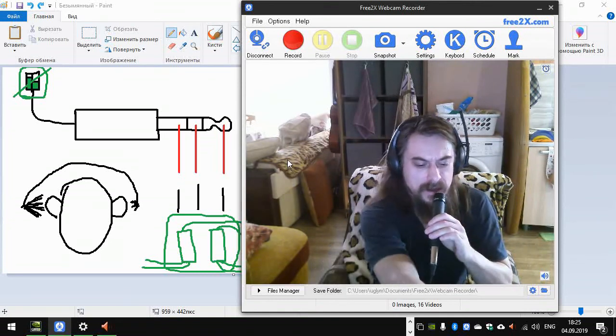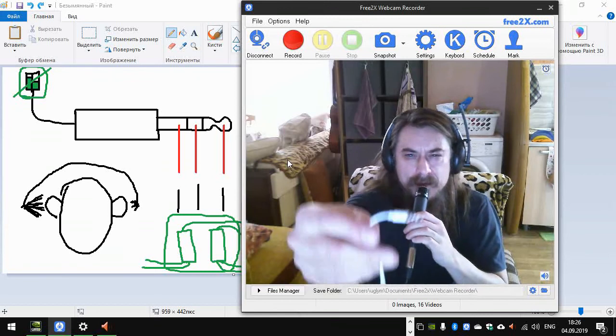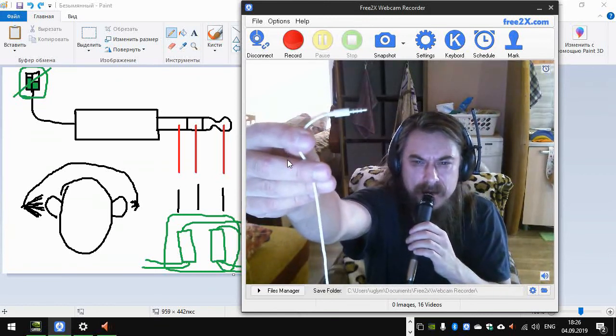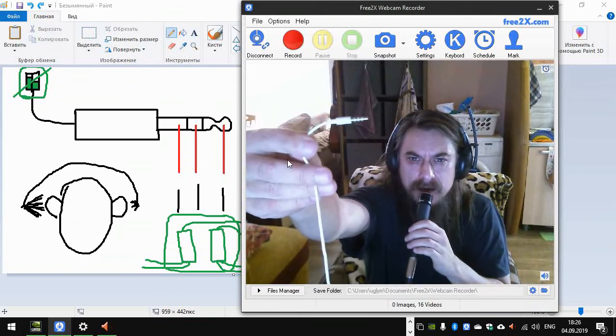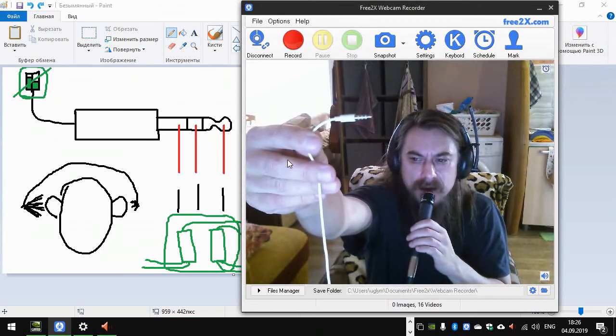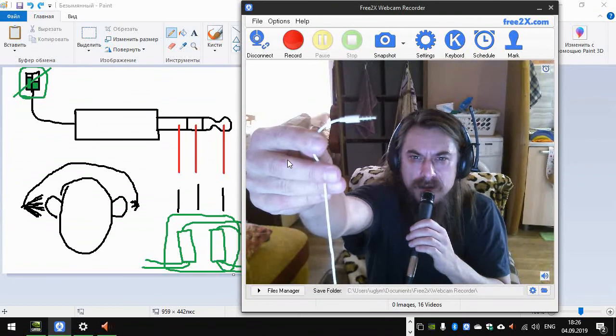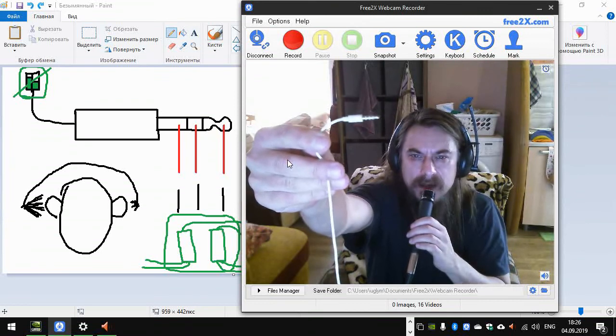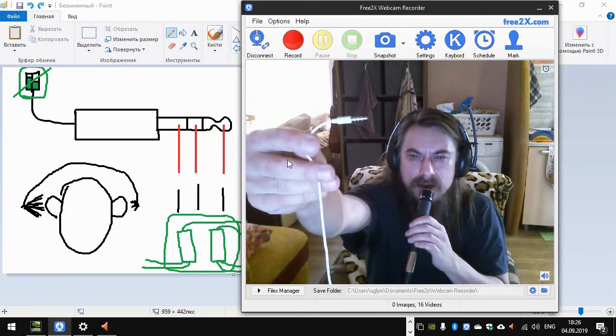But to make it so, you as an engineer have no other option than to have 4 possibilities for your cables.